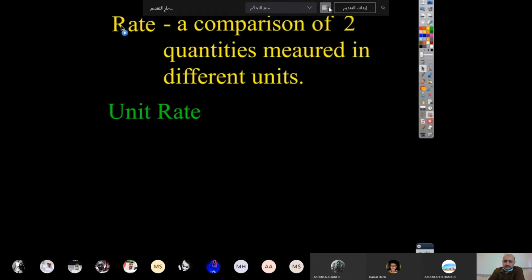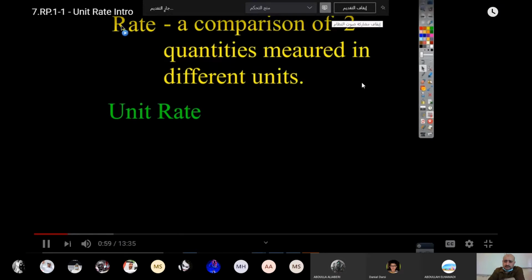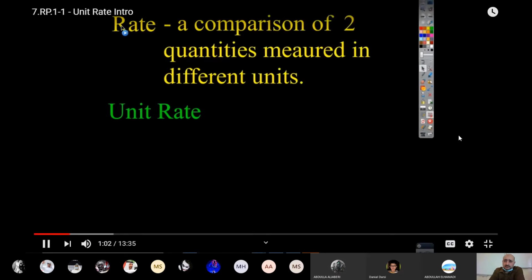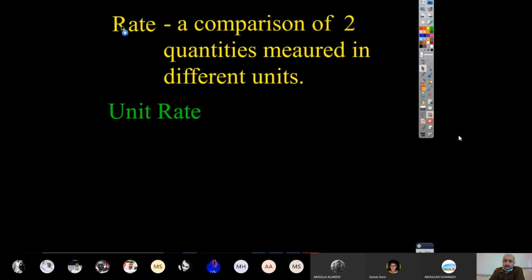Two quantities measured in different units, okay? So that's what that was talking about in that previous one, right? We were talking about miles, driving 100 miles in 2 hours, right? So you're talking about two different units.